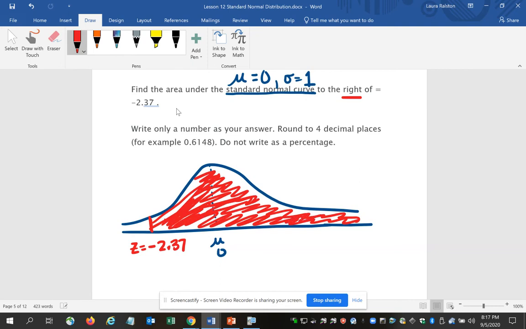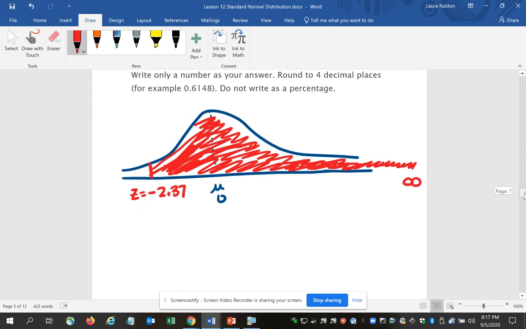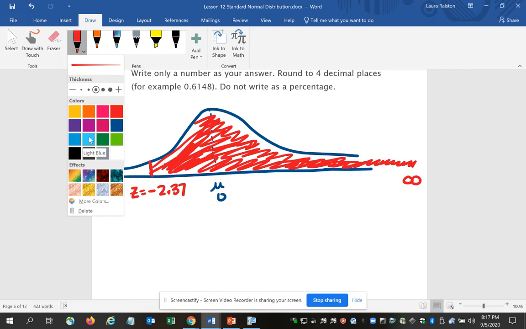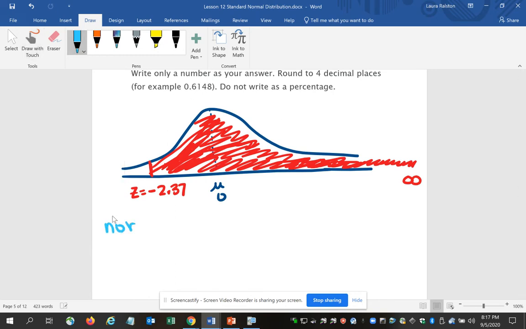And remember, this curve is continuous and it keeps going in the positive direction, so it goes to positive infinity. But guys, if you're reading too fast, you're liable to miss some of those key important words. So we would type into our calculator normal CDF from negative 2.37 to positive infinity, mean is 0, standard deviation is 1.